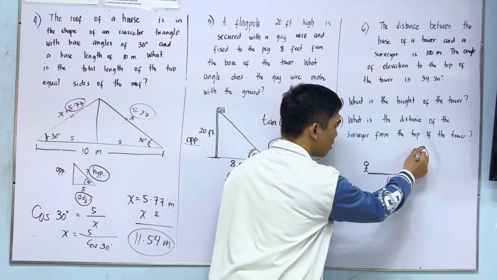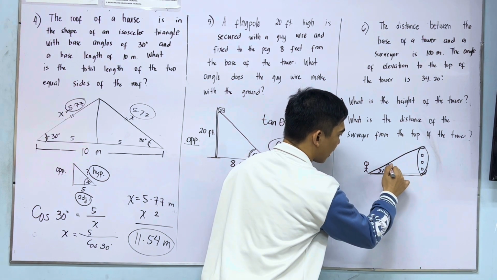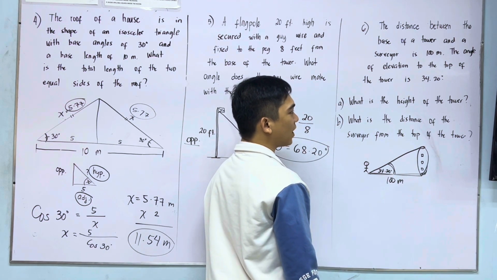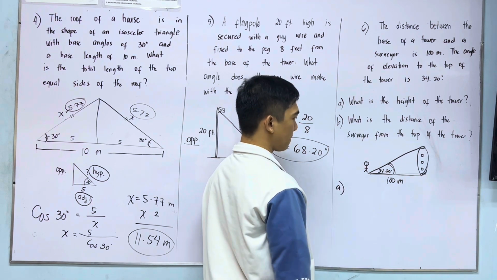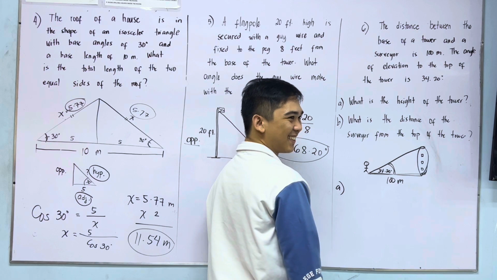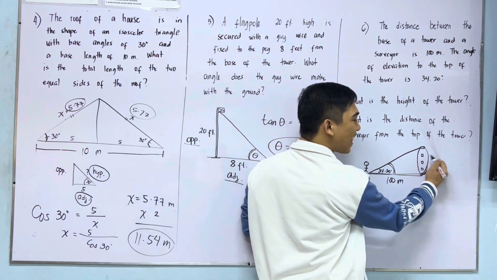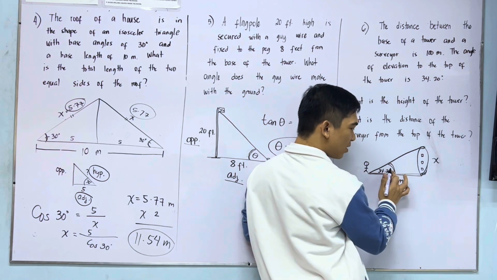So, from the surveyor to here is... Letter A, what is the height of the tower? Let's say x.